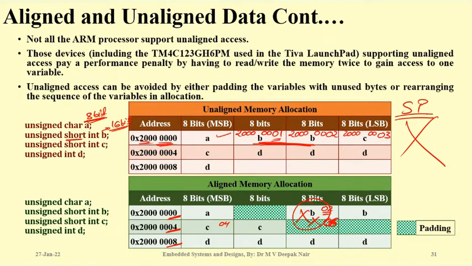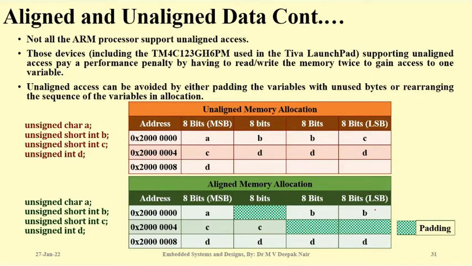Sir, what is the advantage of aligned over unaligned? Aligned data can be accessed in a much faster way. So this helps you to increase the speed of processing. But in the unaligned case, accessing and storing the data is more complex. Speed increases with aligned, but memory management is bad. We are losing many spaces in the memory.